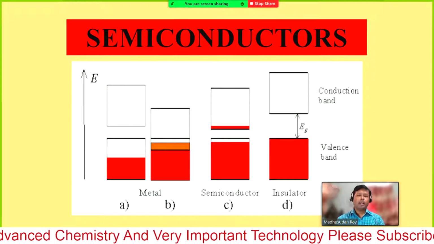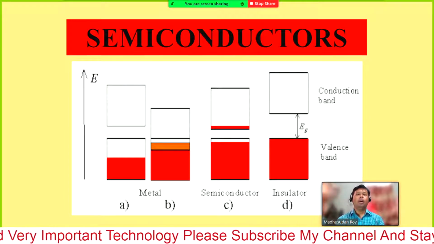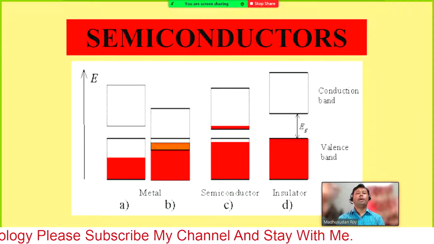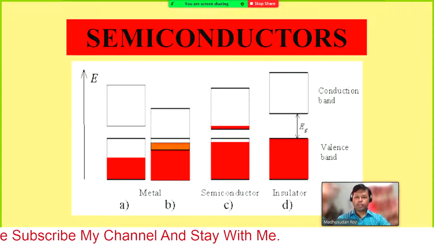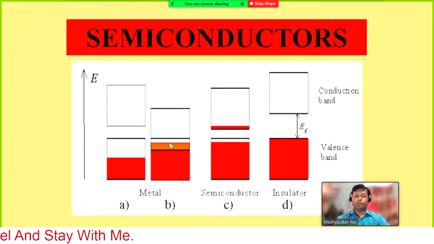Imaginary conduction band, that means the conduction band should always be available, either partially filled or empty, but a completely filled conduction band is not available. So here you can see this is a metal, this is also a metal. Here you can see the conduction band.